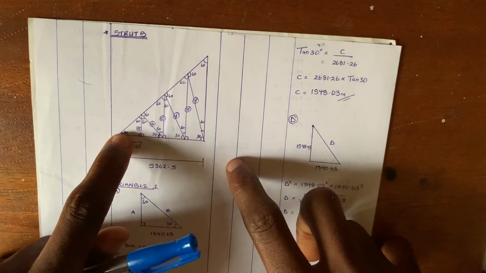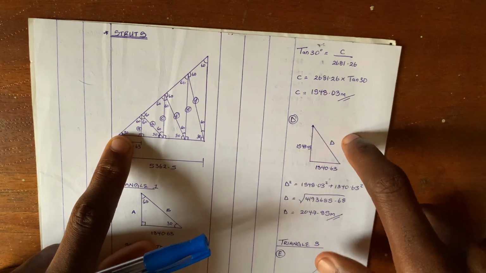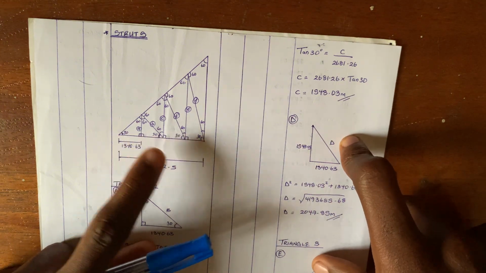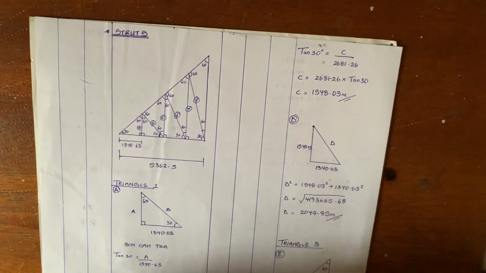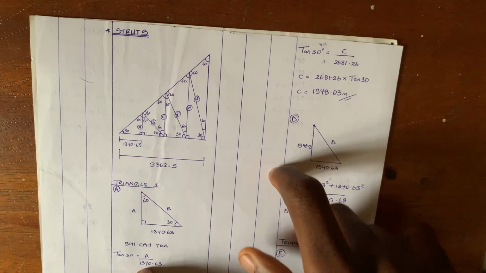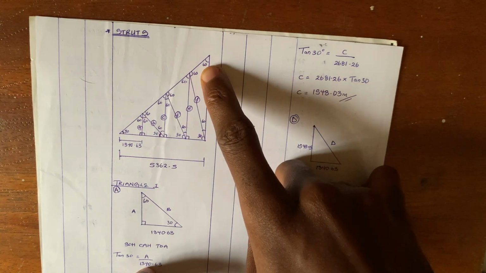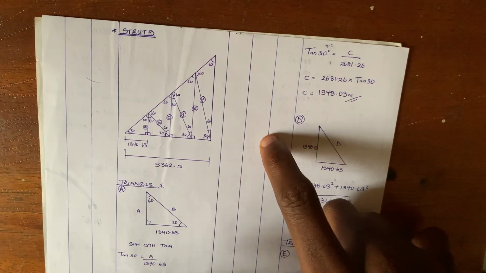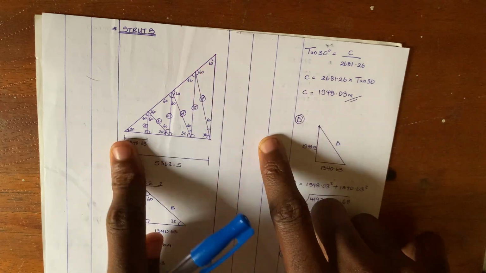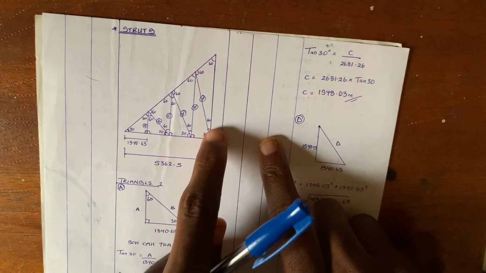So if angle 30 plus 90 plus x is equal to 180 degrees, therefore what is x? If you add 90 plus 30, that will give you what? 120. 180 minus 120 will give you what? 60. That means this angle here is what? 60 degrees. So we have gotten for this angle, and here as 90, but we still need to look for each.